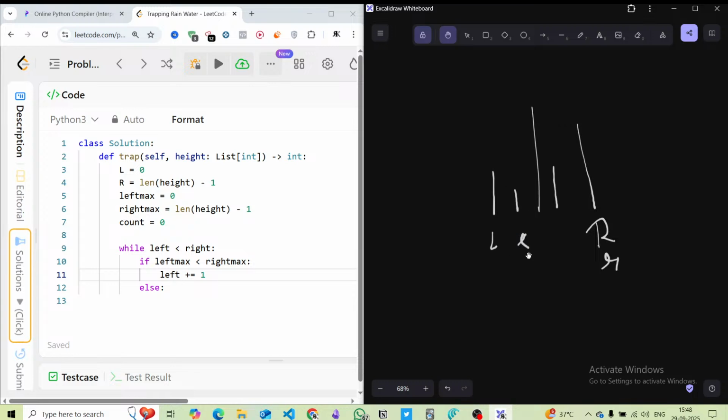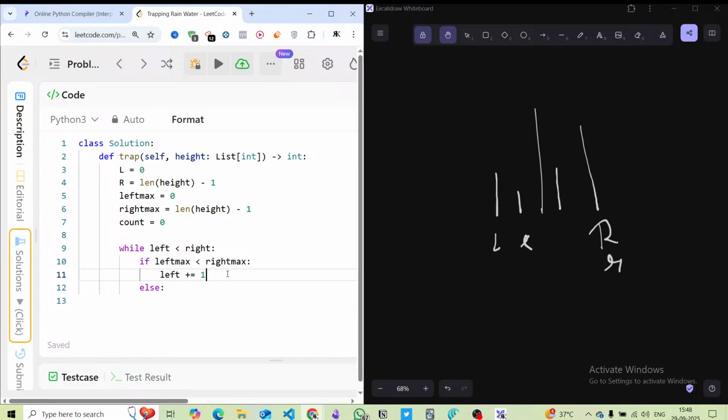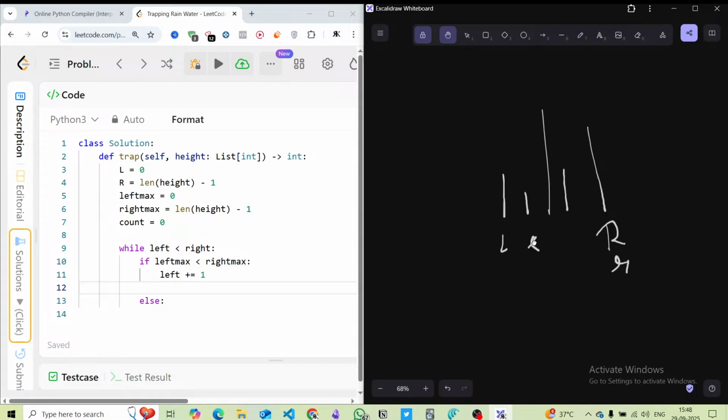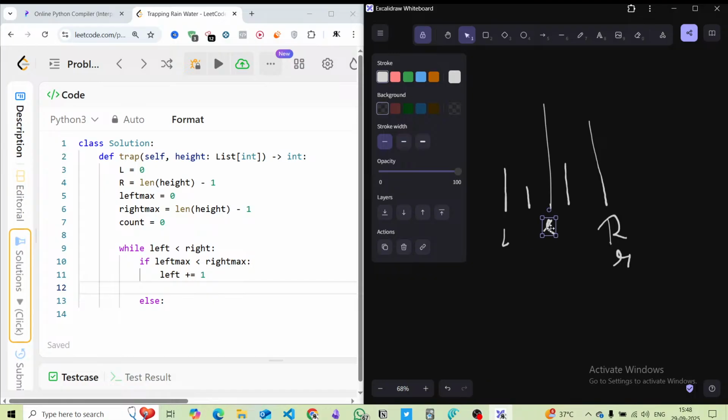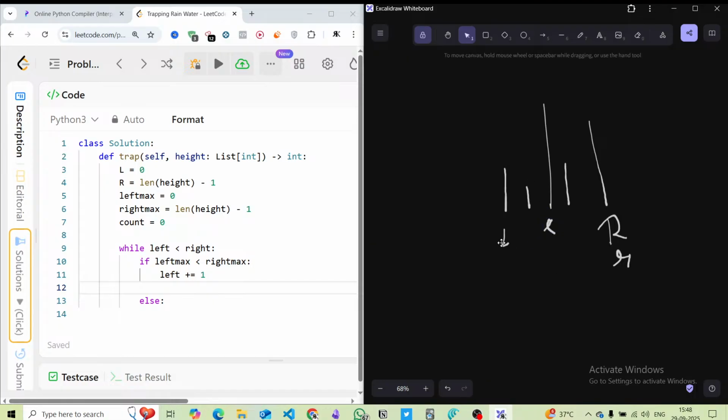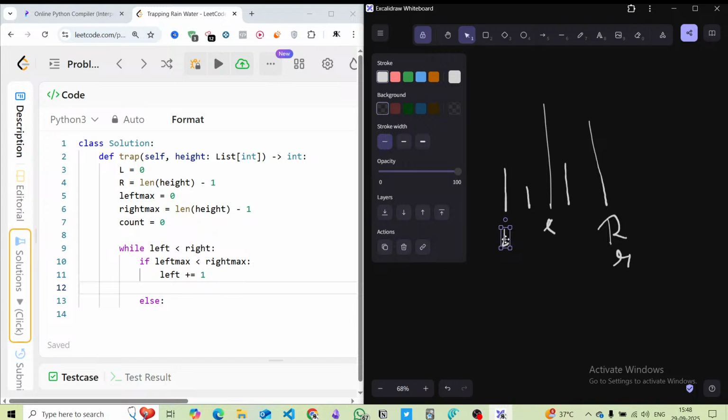So we check the options below. Here the left is lesser than the left max. Before that, we write the condition for whether it's greater. If the left max is, let's say, here, then what we need to do is move the left max to this one, so we need to point this out.